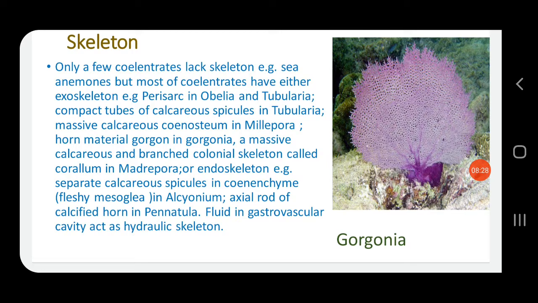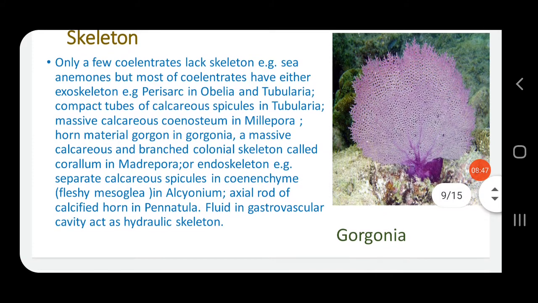There are compact tubes of calcium spicules in Tubularia, coenosteum in Millepora, horny material in Gorgonia, and a massive colonial skeleton known as corallum is present in Madrepora.